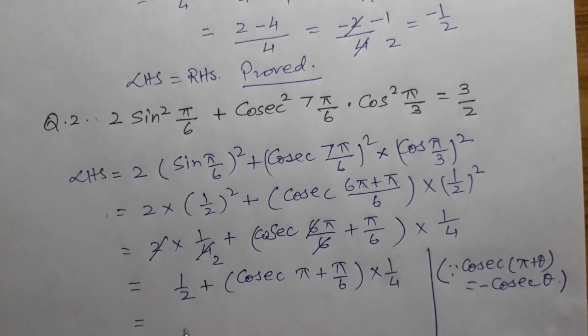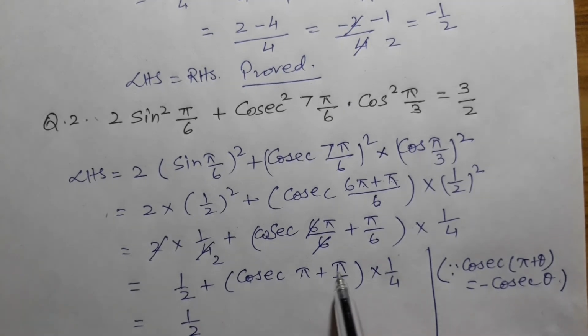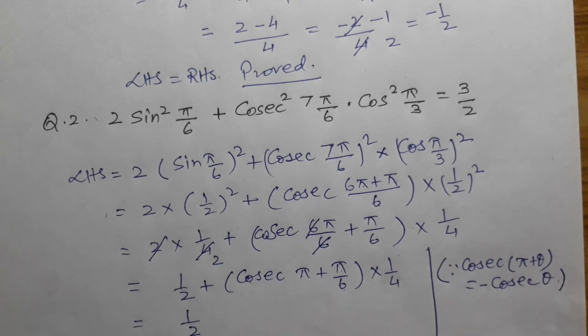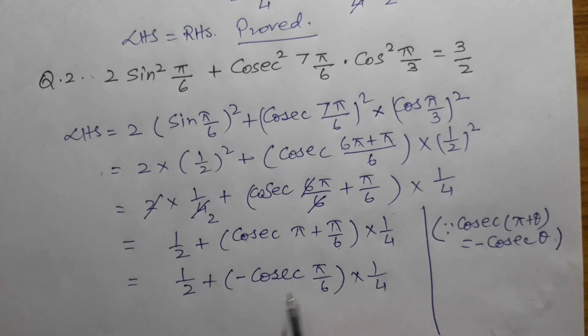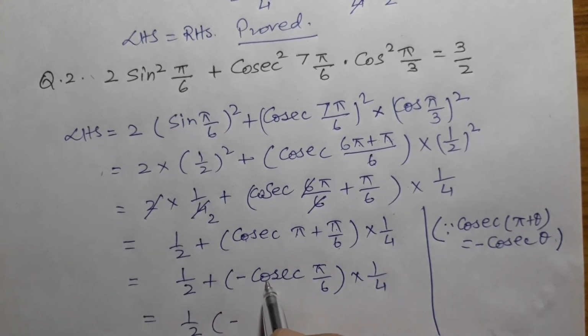So what happened? It is 1 by 2 and cosec pi plus theta. Pi by 6 means theta. So it is minus cosec theta. So we can write here minus cosec, at the place of theta we are writing pi by 6, into 1 by 4. So it will be 1 by 2 minus cosec pi by 6 is equal to 2. So it will be 2.